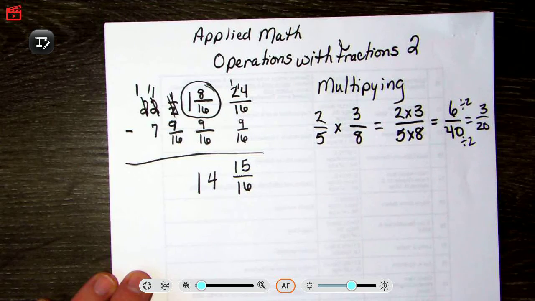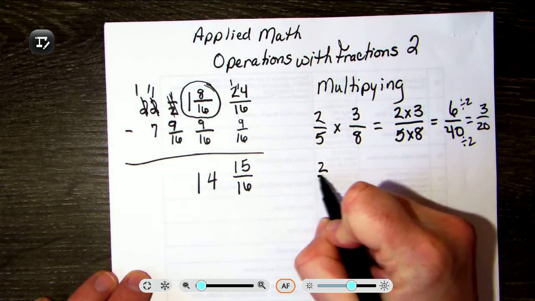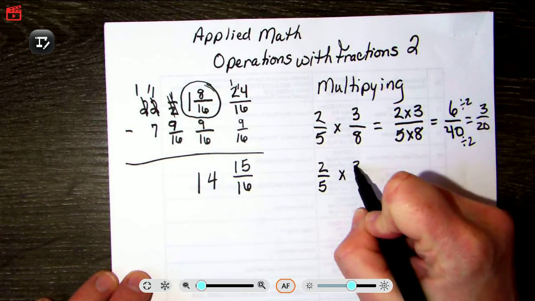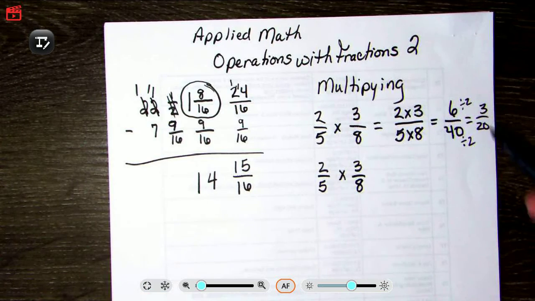You could do some of that reducing ahead of time. Notice we do something to the top, we do something to the bottom. So if I'm looking at my top pieces, my 2 and my 3, and my bottom pieces, the 5 and the 8, I'm going to look for something that they have in common.